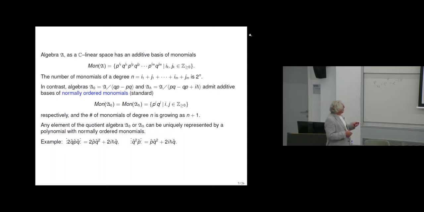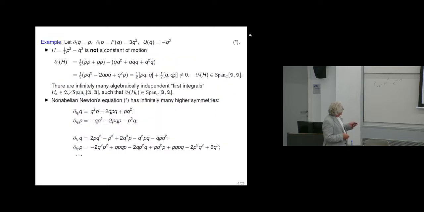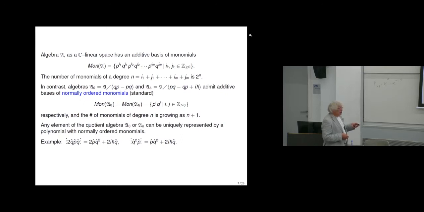For instance, they can always put P in front of Q, using an identity modulo our ideal. And if you use this identity, you can immediately see that, for instance, the Hamiltonian here was not 0, but if you put P in front and use these identities, you will get 0. That's how it works in the quantum case.